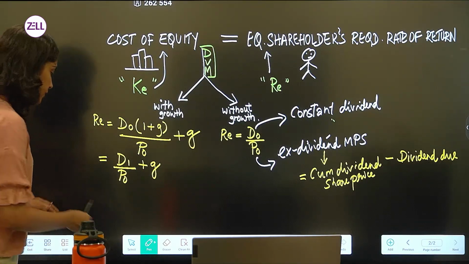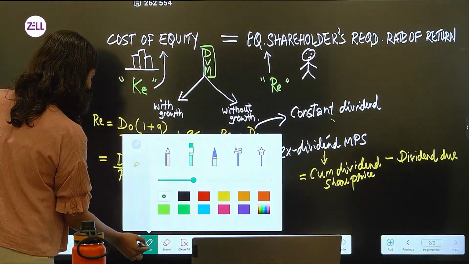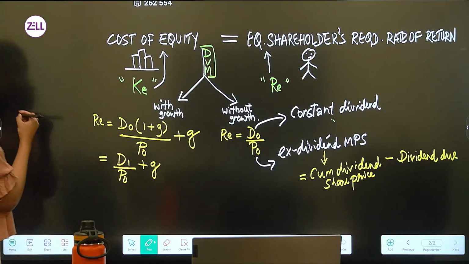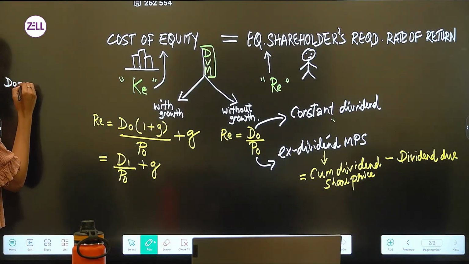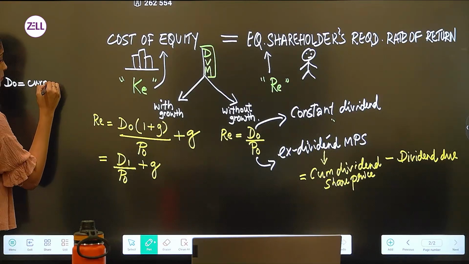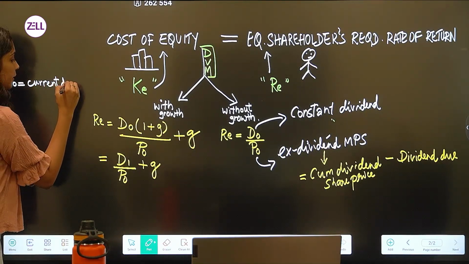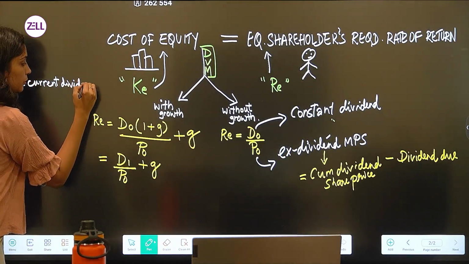Just keep in mind that when I write D0, it is the current dividend that I am talking about.